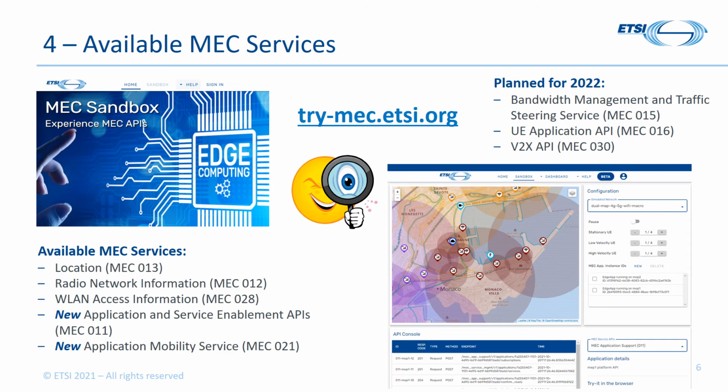Recently, in September of 2021, some new services have been added. They include the application and service enablement APIs offered by the MEC platform that's specified in MEC 11, as well as the application mobility service, which facilitates the transition of edge application context between instances in the MEC system specified in MEC 21.